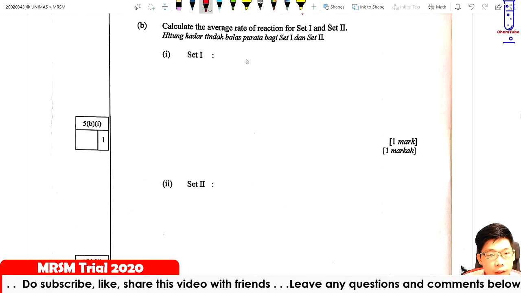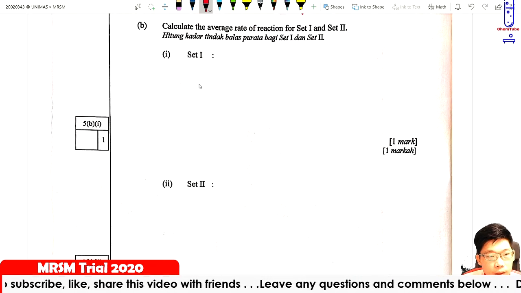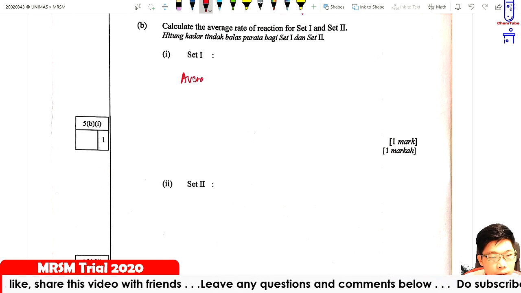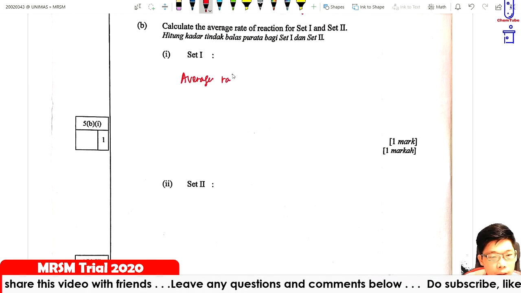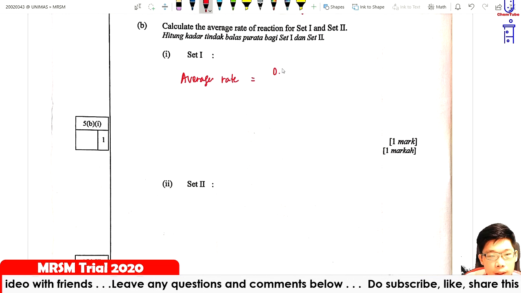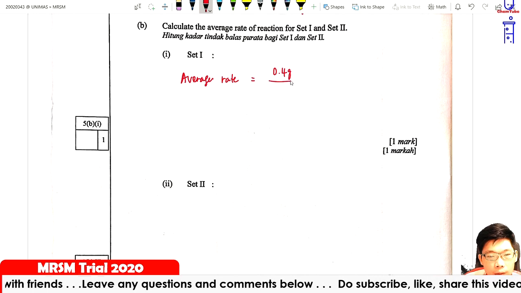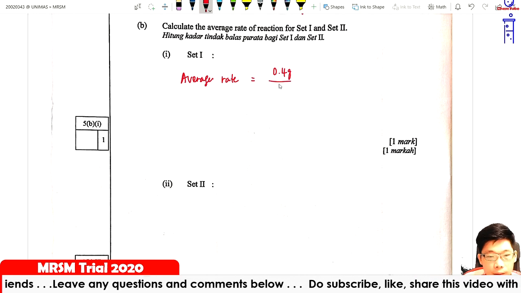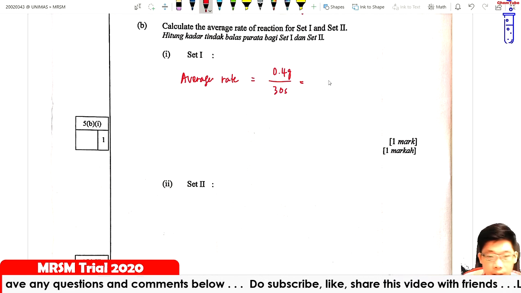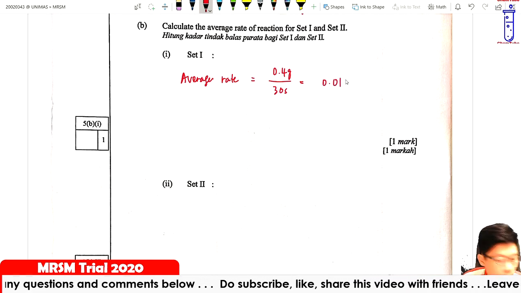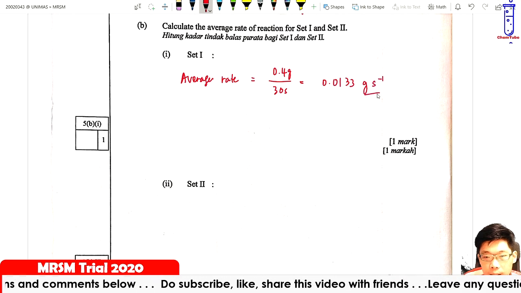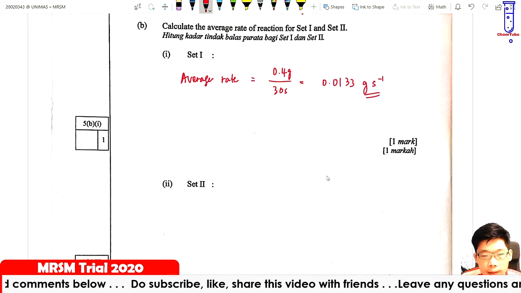So the average rate of reaction will be the mass, 0.4 gram, over the time. Time just now for set 1 is 30 seconds. So you get 0.0133 gram per second. Unit must be stated correctly.